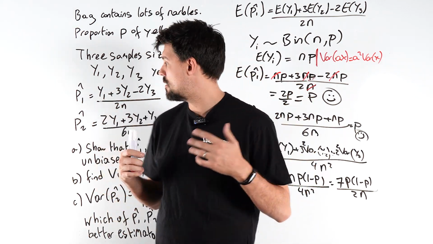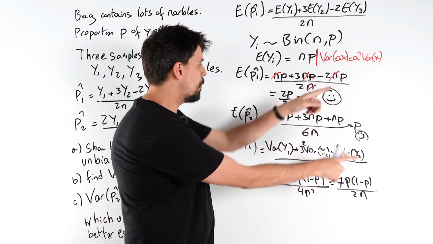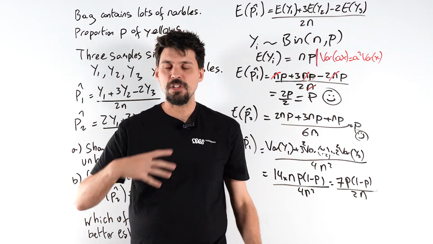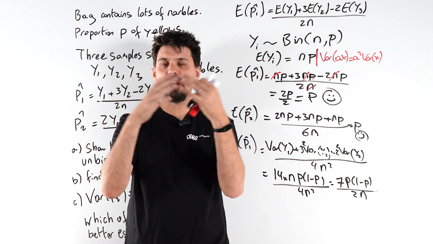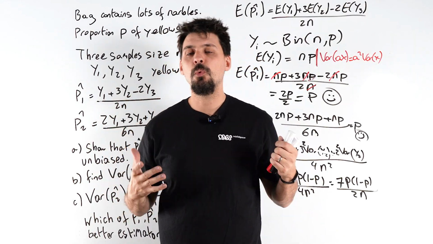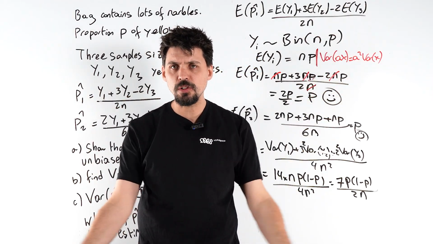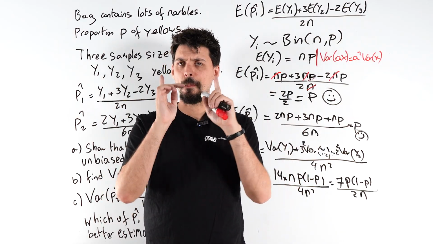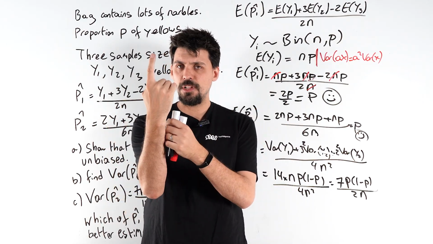Both of these estimators, on average, will give me p. But I'm not going to take an average. I'm going to take one sample. So yes, if I take lots of P1s and lots of P2s, on average, they both come out as P. But what about an individual value?